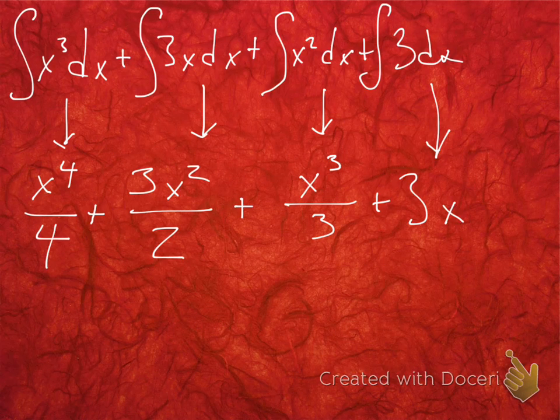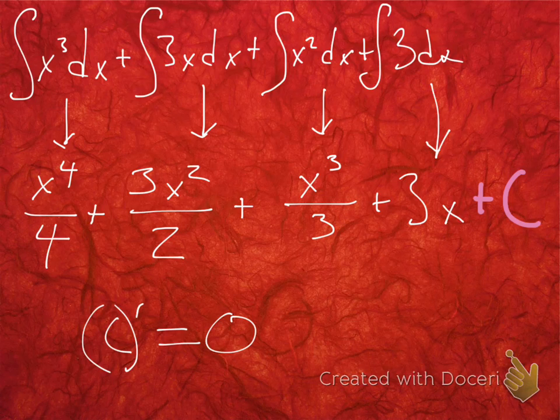So we have this final answer here. But this is wrong. This is not okay. What do we need to do? Well, if you've seen my other videos, you'll know that there has to be a C on the end. A really quick explanation of this is, what is C prime? It's always 0. 100% of the time, it's going to be 0.